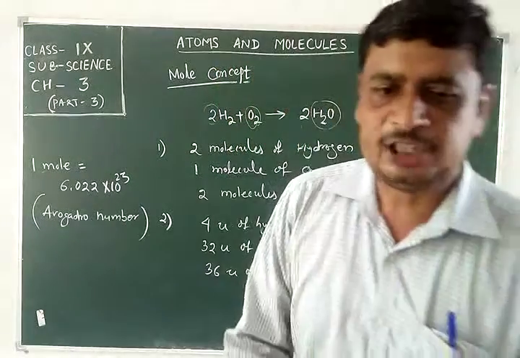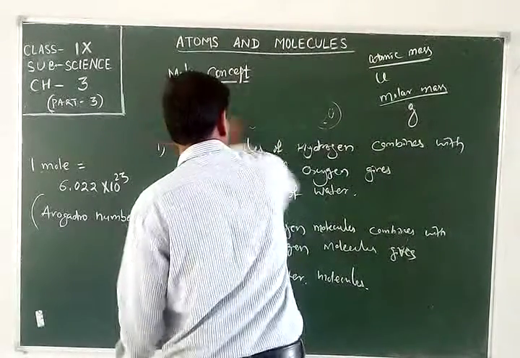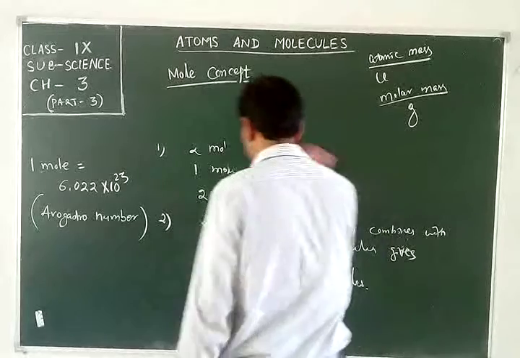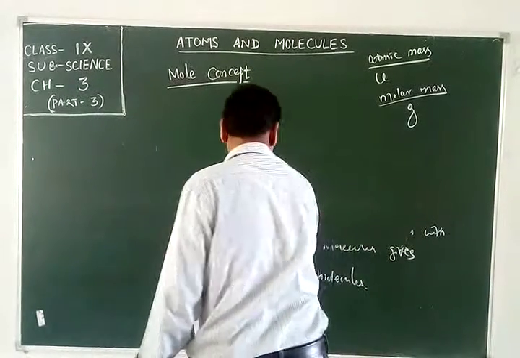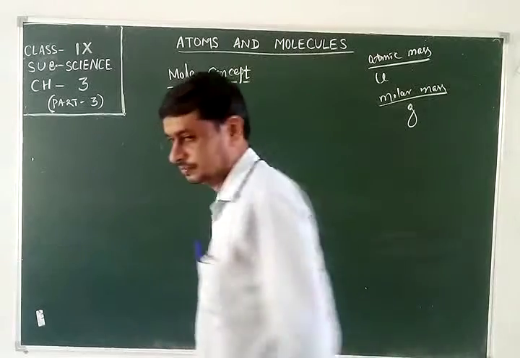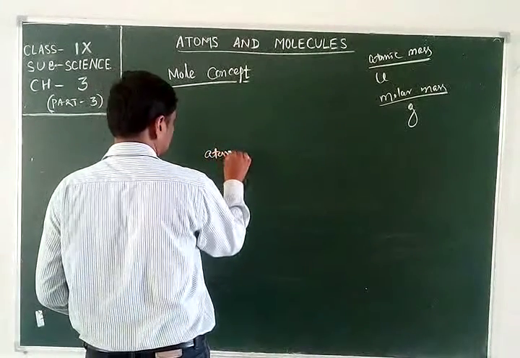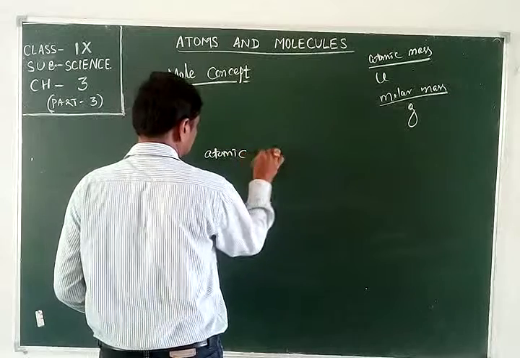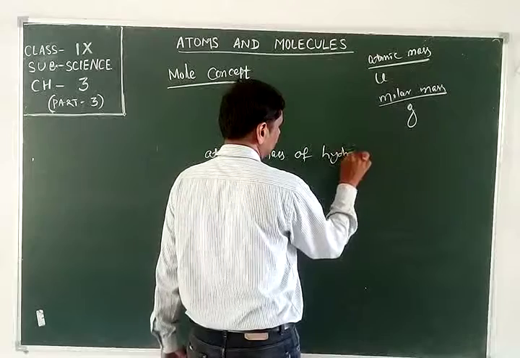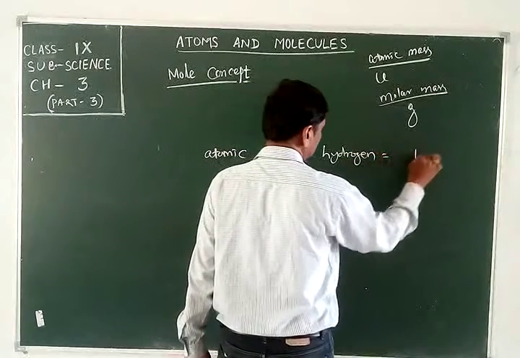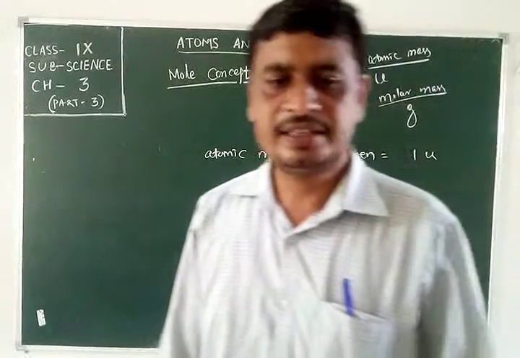For example, atomic mass of hydrogen is 1 unit.